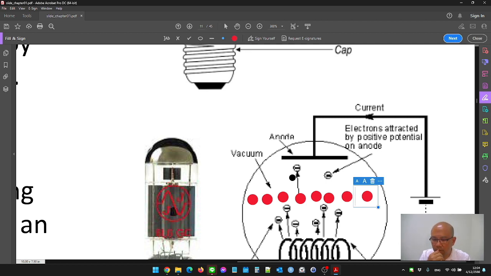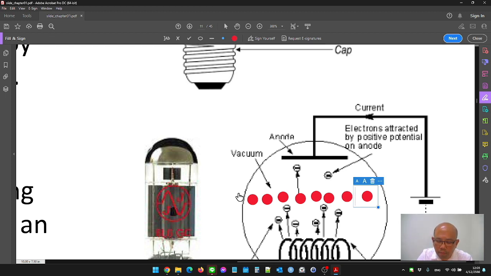I don't know the electron size exactly, but it's very small. When they supply voltage to the grid and another power supply, they can control the number of electrons moving out from the tungsten coil to hit the plate.